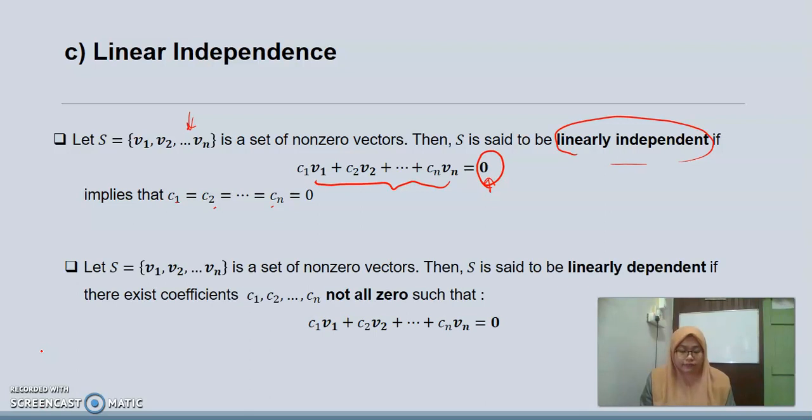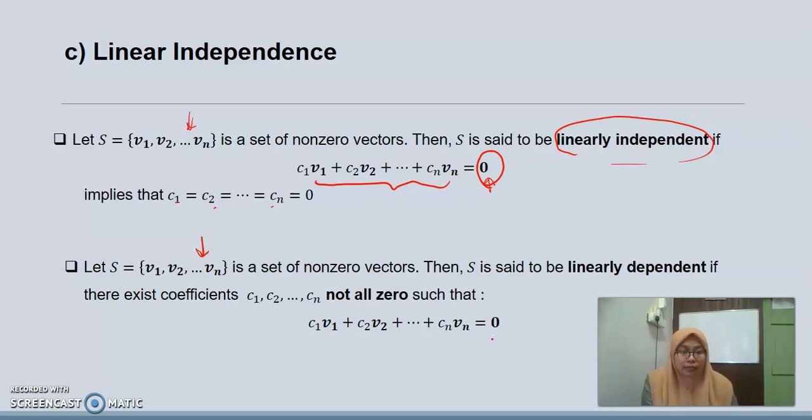Okay, for the next definition, let set S be a set of non-zero vectors. Then set S is said to be linearly dependent if there exist coefficients C1, C2 up until Cn, not all 0, such that the linear combination of all vectors inside the set S equals 0.